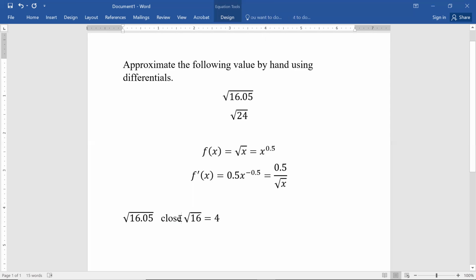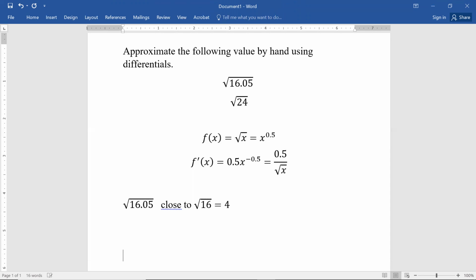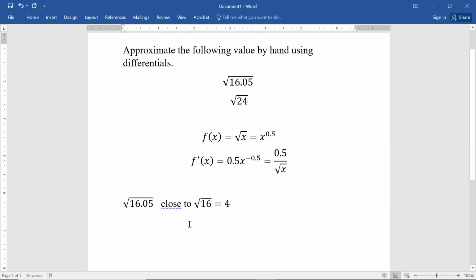So if I think in terms of functions, we're going to input a 16 into my function, and that gives me out a 4.